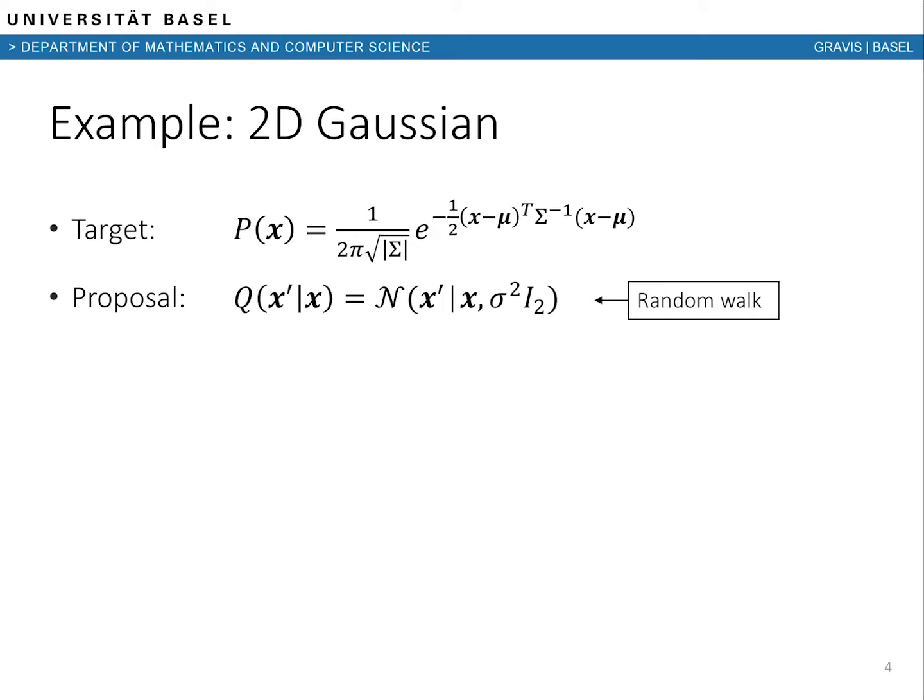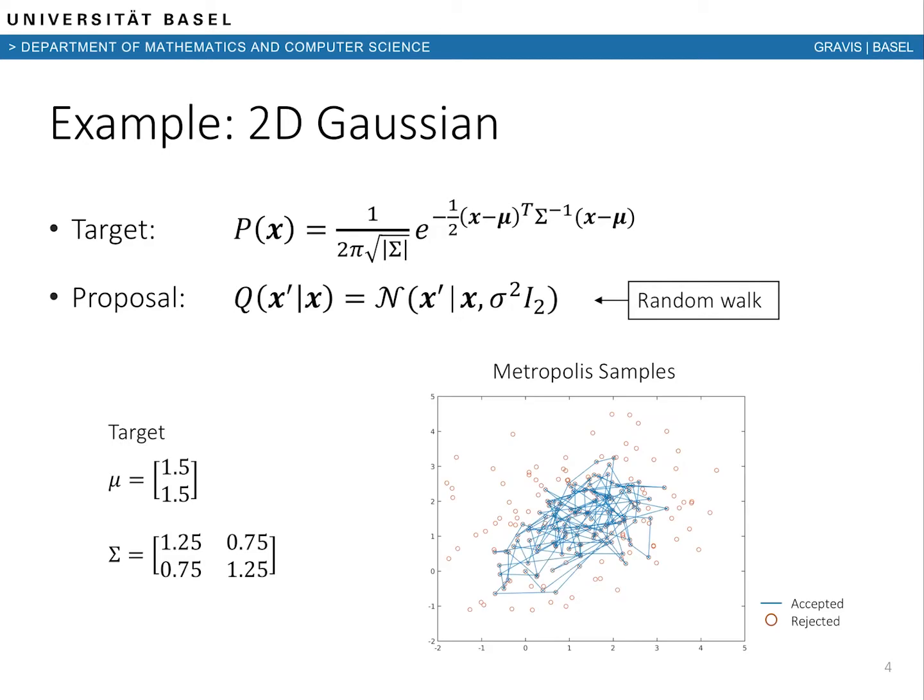Let's choose a few parameter values for our target distribution. Would be a mean and a covariance matrix, and here I've chosen a covariance which has an actual correlation between x and y. Now let's run the algorithm and generate samples. It will then look like this. What you can see here are all the proposals and samples generated by the algorithm.